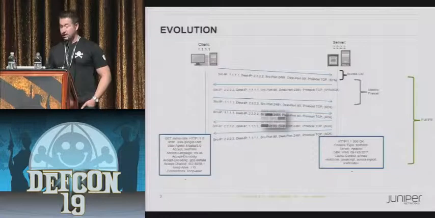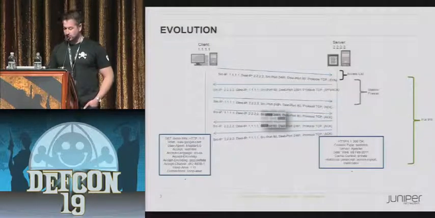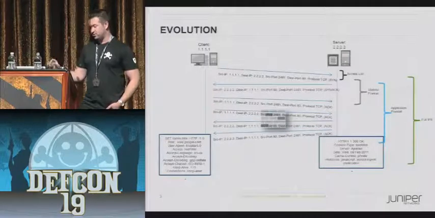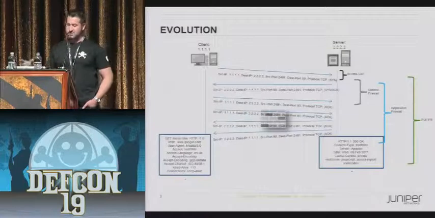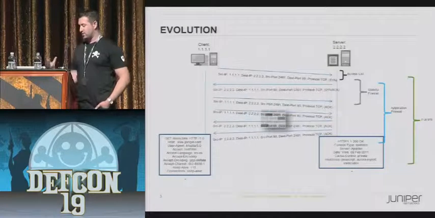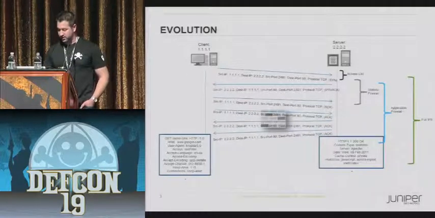So we got full IPS to handle the limitations of stateful firewalls and access lists. And now we have application firewalls, and as you'll see in this talk, they cover a lot less than what full IPS did, but we'll see a little bit more of that.